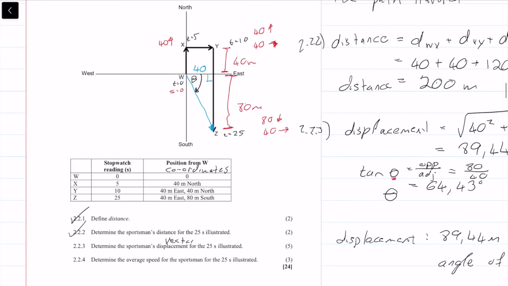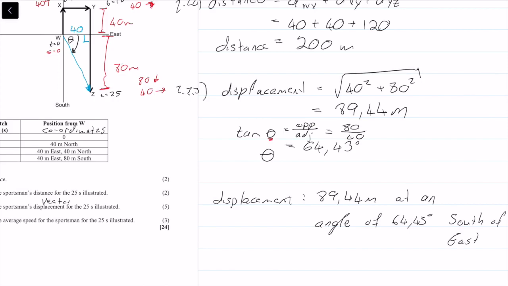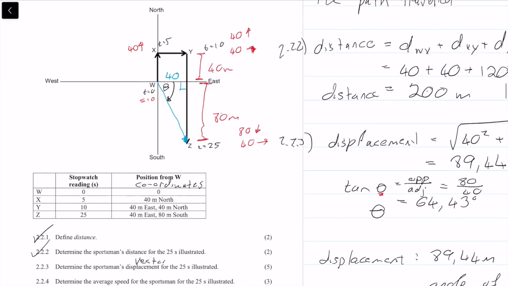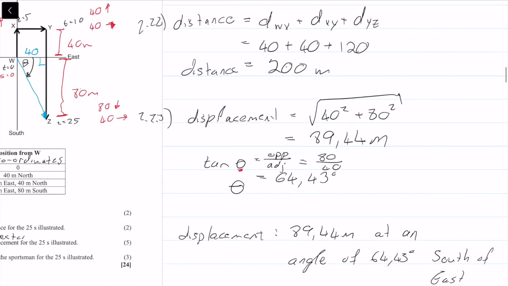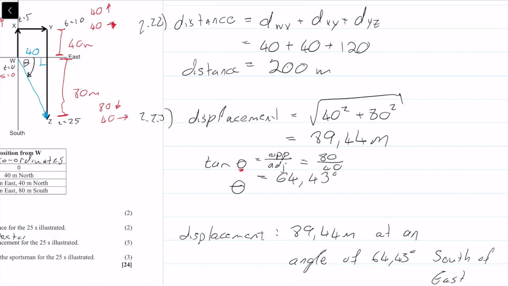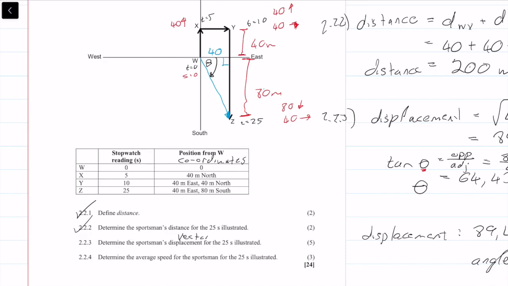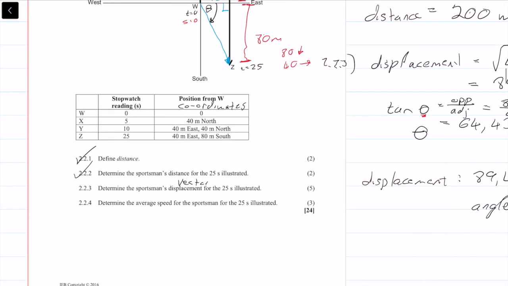Another way we could have said this is 64,43 degrees clockwise from east. That's an alternative way of representing it, and we get 5 marks for that.